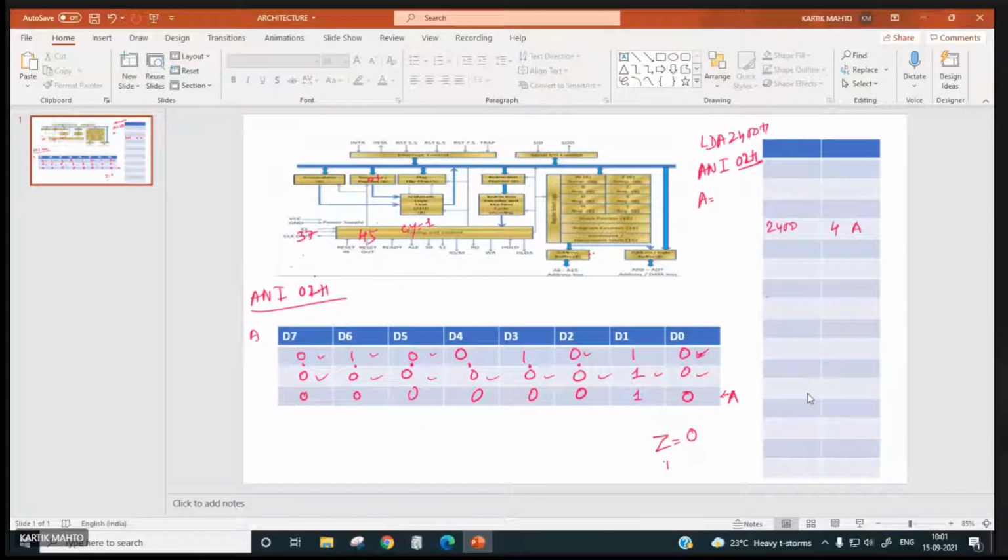If we AND these two, 1 ANDed with 1, the result will be 1. So in this case, the accumulator content is not 0, so zero flag won't be set, and we will conclude D1 bit is 1.